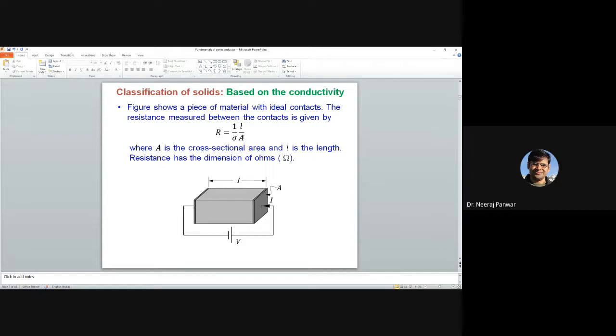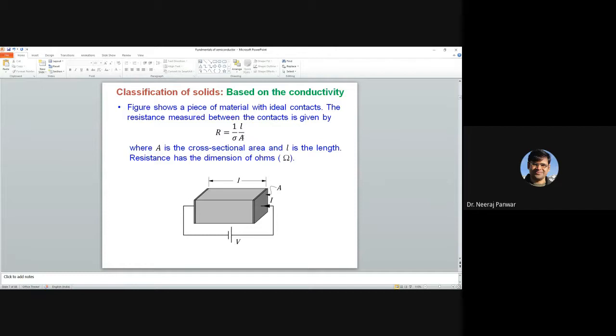So now by doing advanced physics labs, you are aware that conductivity or resistivity can be measured by two methods. One is the two probe and the other one is the four probe method. And you must know why the four probe is the accurate method to measure the resistivity of any material, because we eliminate the contact resistance.